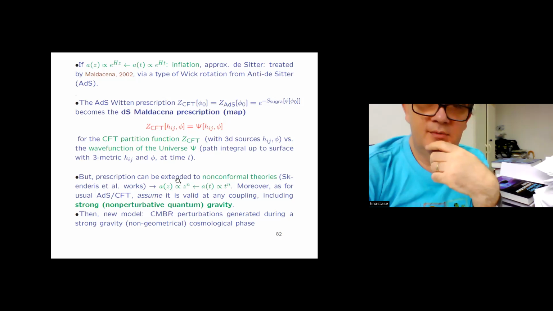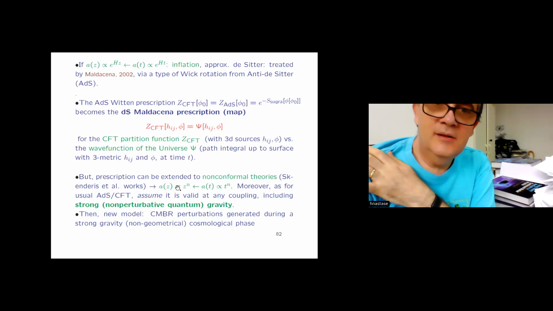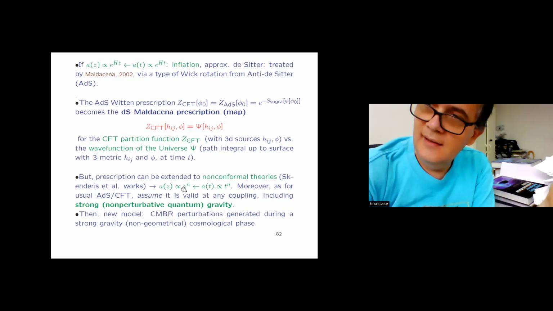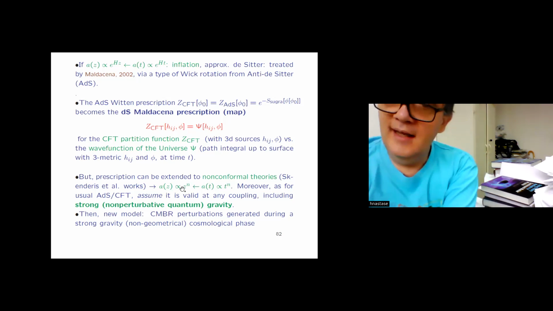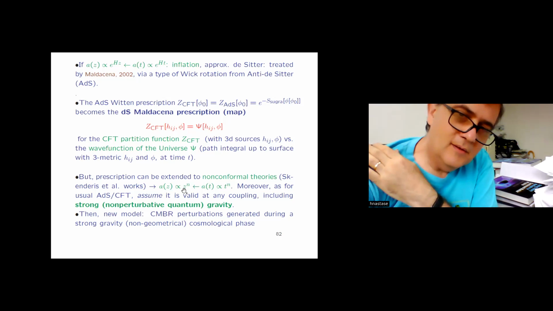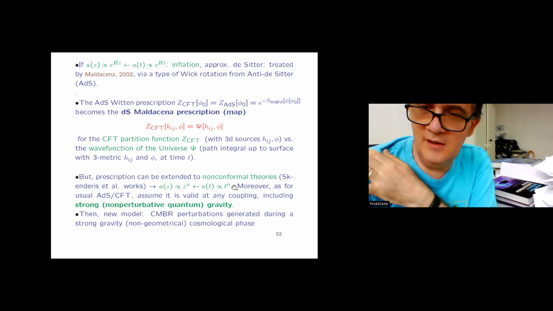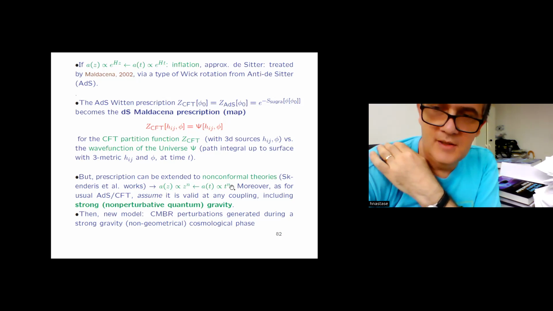And then further, this was extended to non-conformal theories by works of Skenderis et al. So in particular to things like the D2 brane example that I gave to you, in which case one finds power laws instead of exponential a of t. So in the gauge gravity dual, one finds a proportional to z to the n, which means a proportional to t to the n in cosmology.